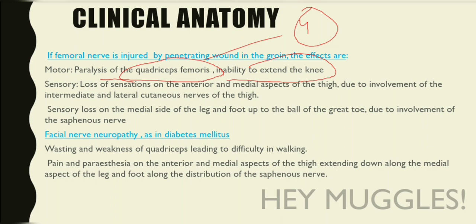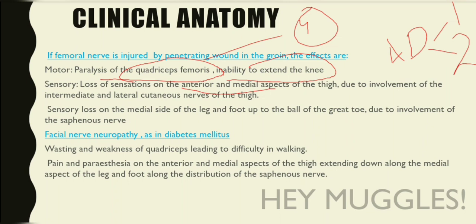Then coming to the sensory loss, there would be sensory loss on the anterior and medial aspect of the thigh, right? And it is due to involvement of the intermediate and lateral cutaneous nerves of the thigh. So we saw that the anterior division of your femoral nerve gives three branches, one muscular branch and two cutaneous branches, right?